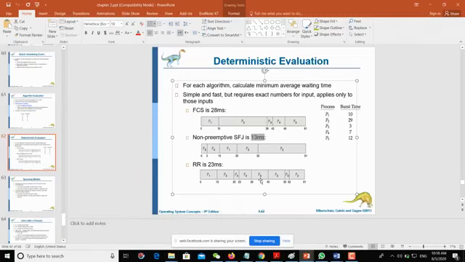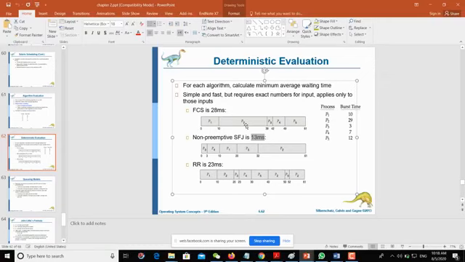And then P5 will also get its turn in the second round, taking a very short processor time to finish itself, and then P2 again. So this is the deterministic evaluation. Now we know which algorithm is best for us.